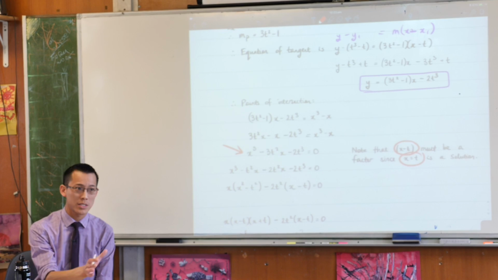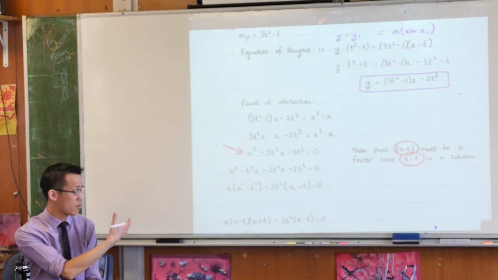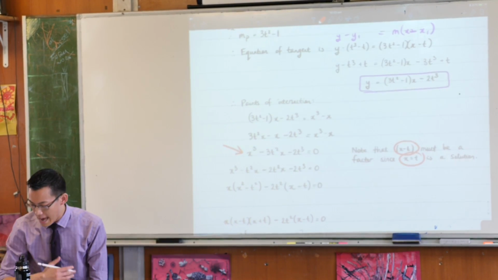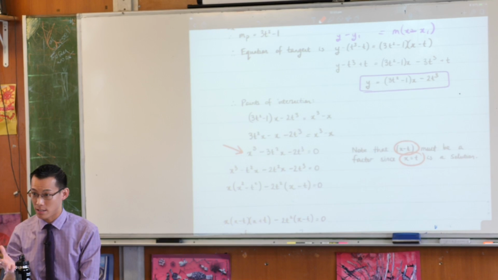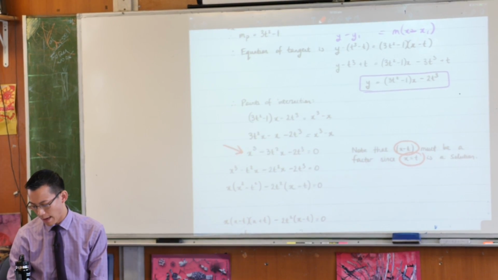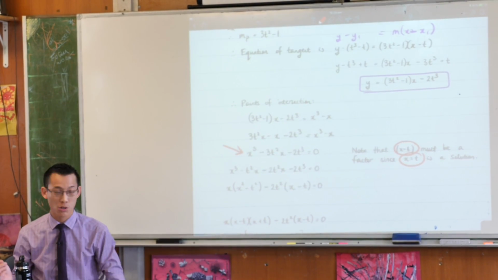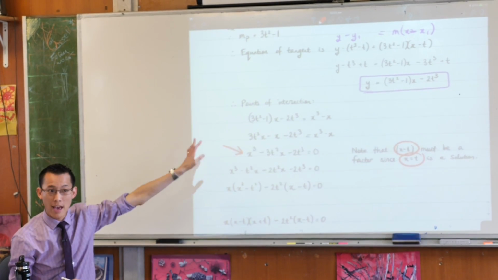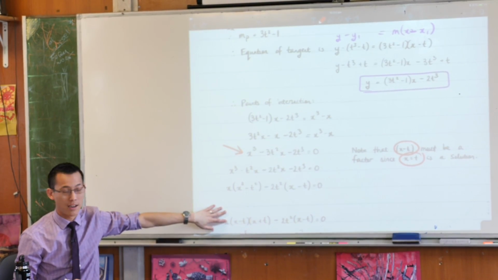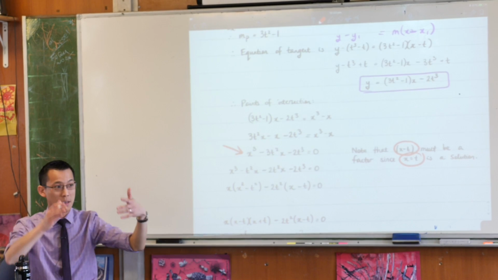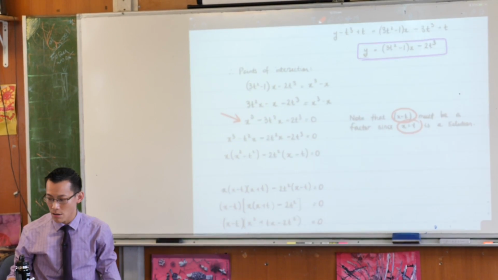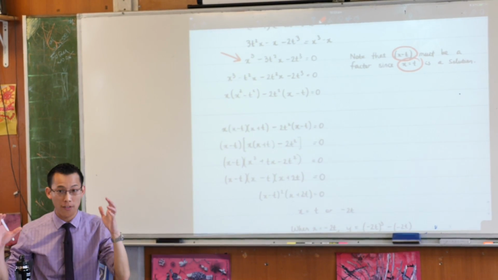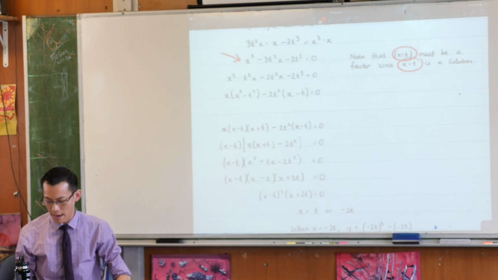If x equals t is a solution, or a zero might be a better way to say it in this context, then x minus t will be a factor, okay? Now, at that point, because you guys know polynomial division, you could have gone straight for it. You could divide the cubic polynomial by x minus t, and you'll get the answer that I'm going to get down here. But I chose to do this without it, just to demonstrate that you don't need to know how to do polynomial division if you've got a rough idea of what factors you'll expect, okay?